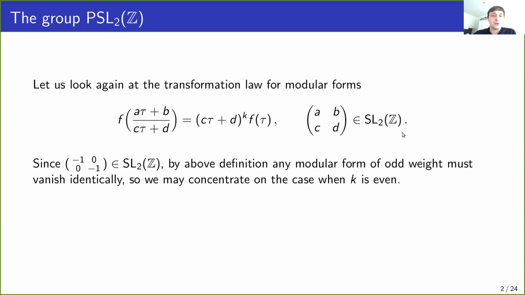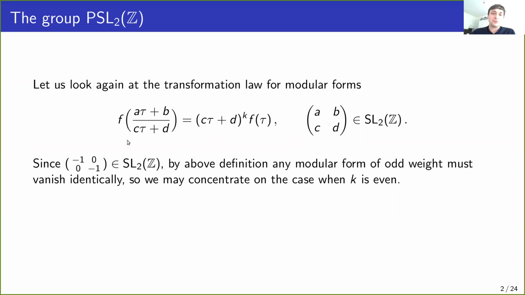One thing one immediately notices is that because we allow all matrices of determinant 1, there's one matrix, namely minus identity, which is in SL2Z and acts trivially on the variable, but this factor, c tau plus d to the power k, negates.